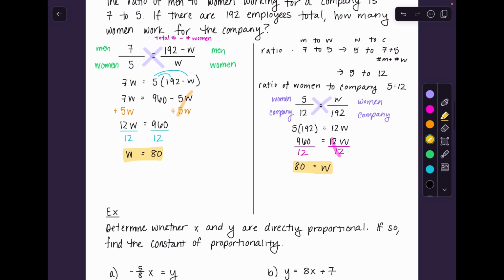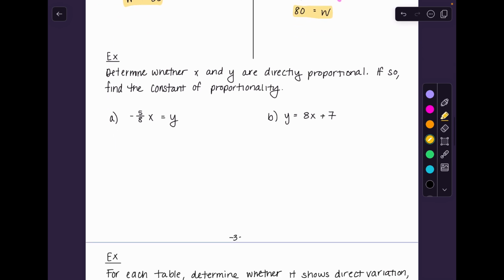Okay. For this next one, we want to determine whether X and Y are directly proportional. If so, we want to find that constant of proportionality. So what that means, because it's directly proportional, do I have the form y equals a constant times x? So starting with this first one, although it's backwards, yes, indeed, this is some constant times x.